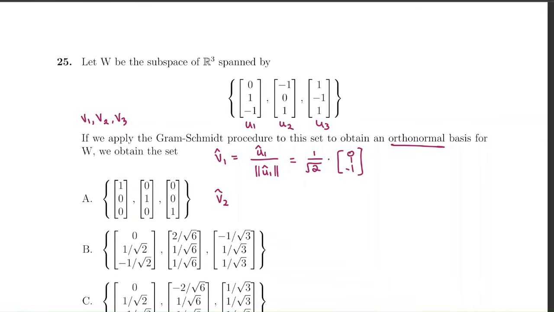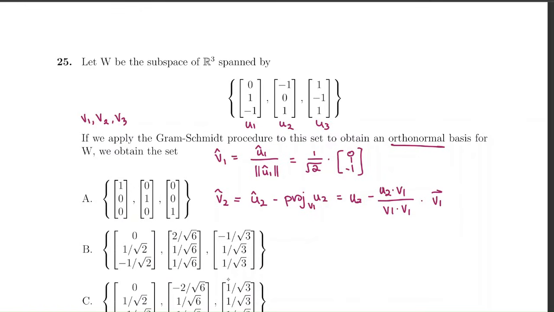To find v2, I do u2 minus the projection of u2 onto v1, which is equal to u2 minus u2 dot v1 over v1 dot v1 times v1.